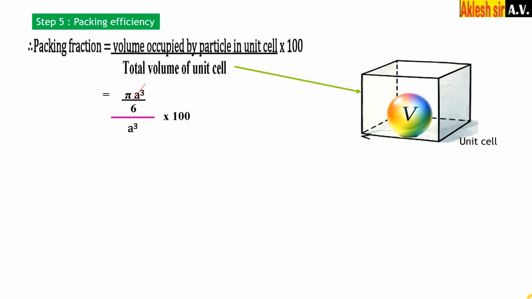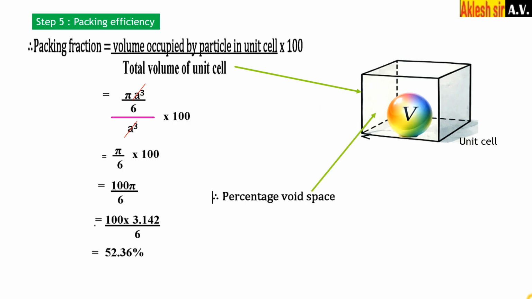After canceling A cubed, we get pi by 6 multiplied by 100. This becomes 100 pi divided by 6. Now putting the value of pi as 3.142, we get packing efficiency equal to 52.36%. Therefore, percentage void space is equal to 100 minus 52.36, which is equal to 47.64%.